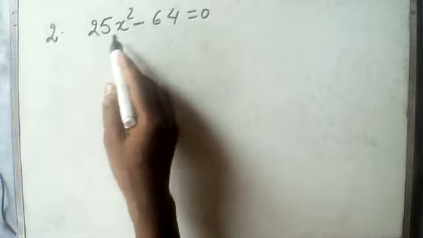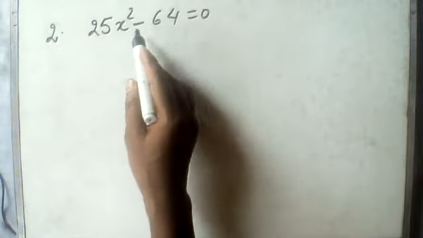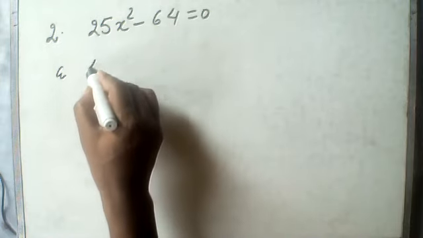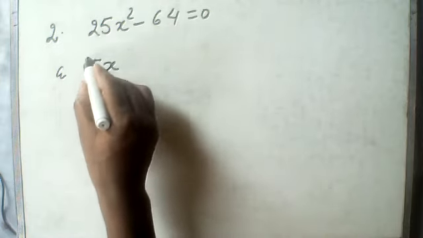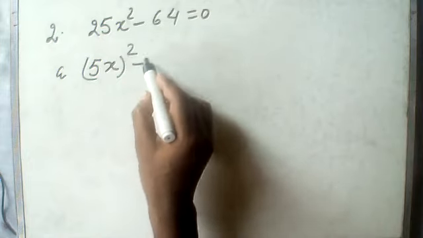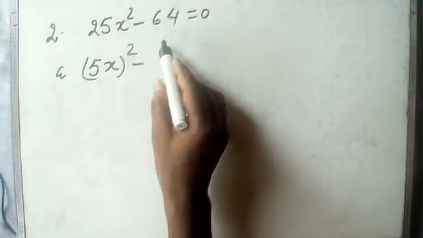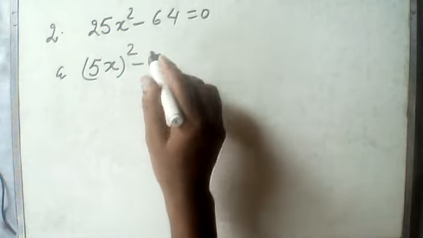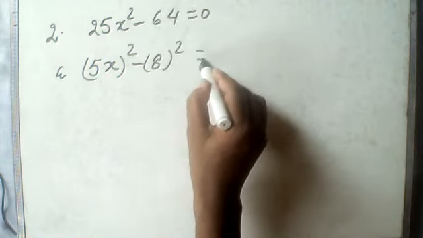So we can put this into the form of a square minus b square. So this is a square of 5, so this is 5x whole square, which gives you 25x square, minus, this is a square of 64. So this is a square of 8. 8 square is 64, is equal to 0.